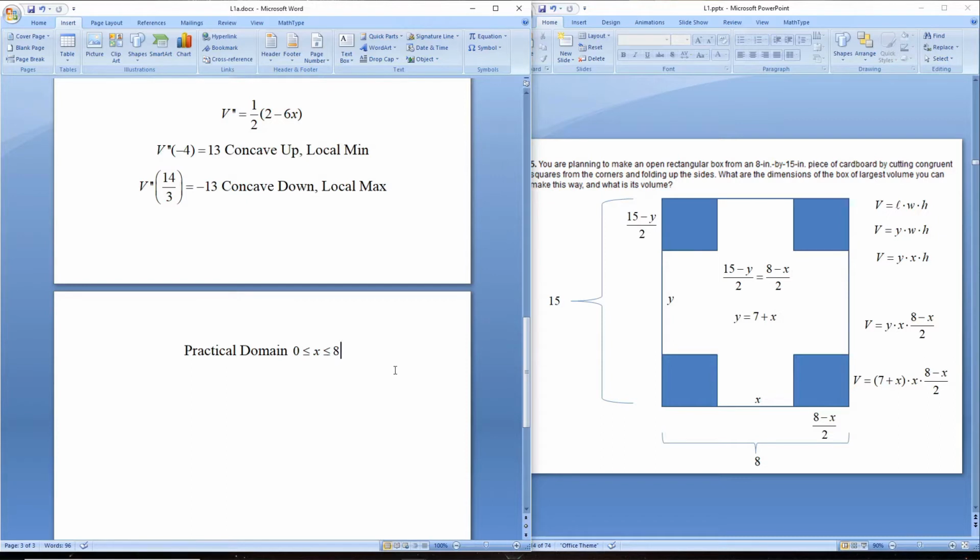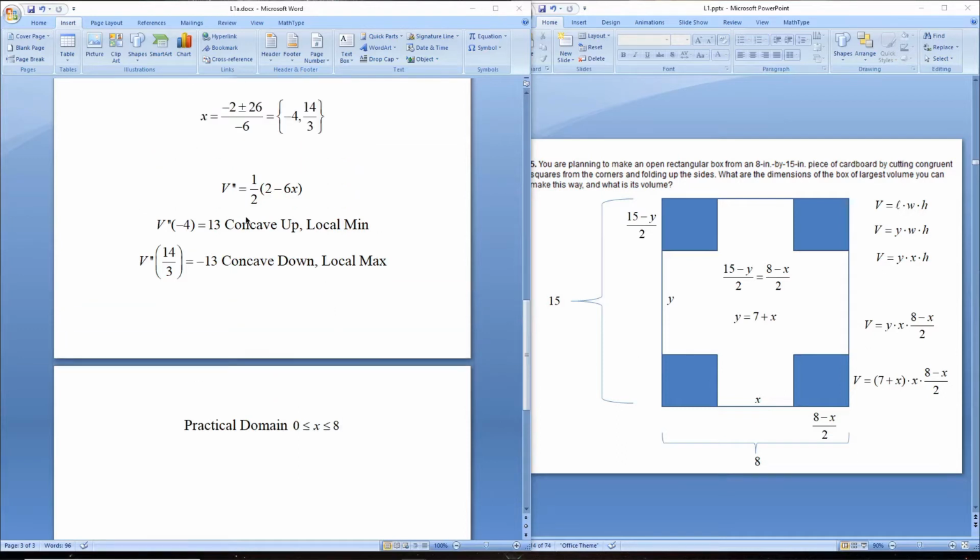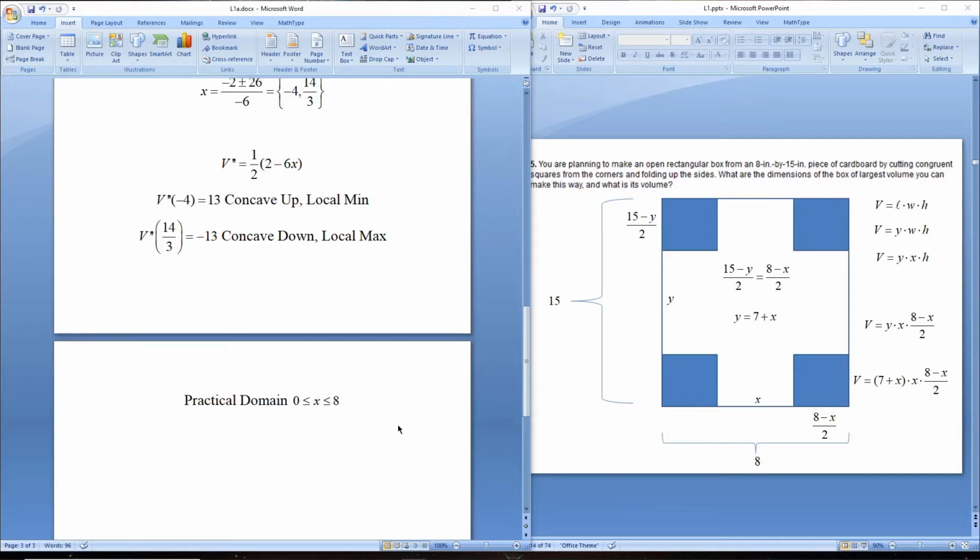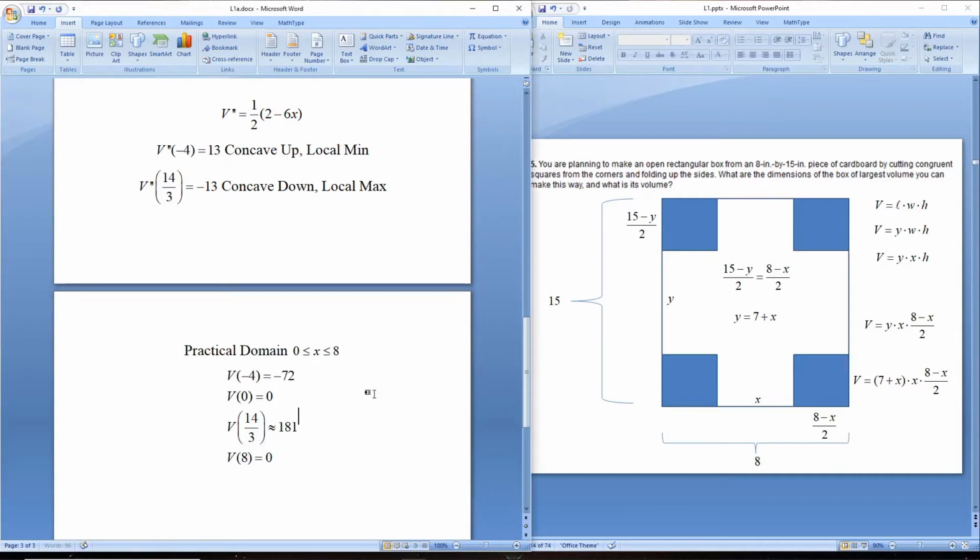So if we really want to know what are the global extrema, if we recall back to doing global extrema, we have to plug in our endpoints, 0 and 8, into the original function to figure out what the true volume is, as well as our critical numbers. So we have to plug all 4 of those into the original function and see actually what their outputs are.